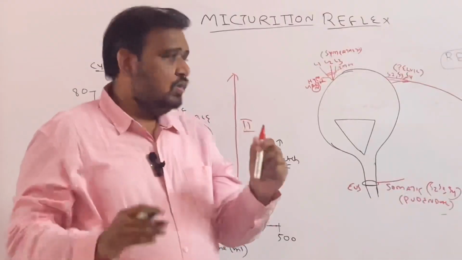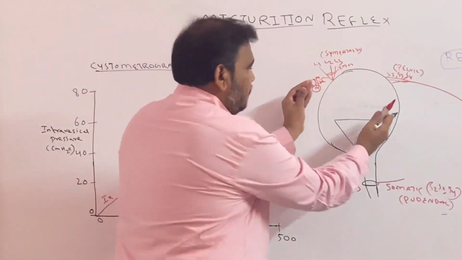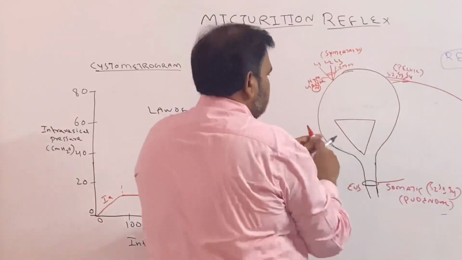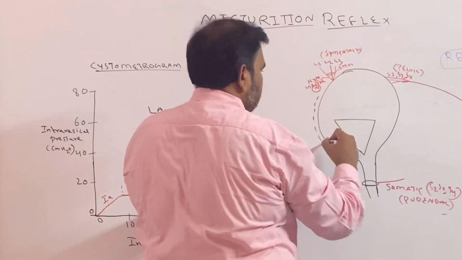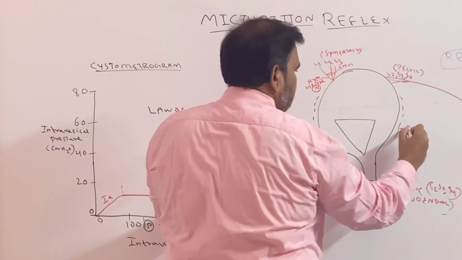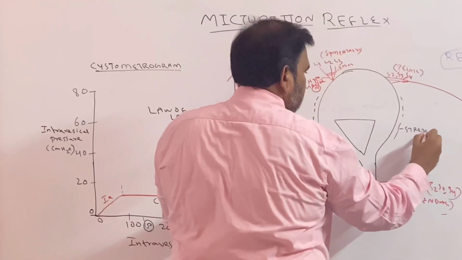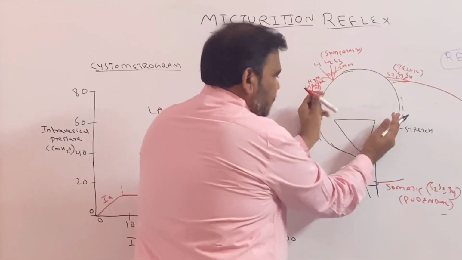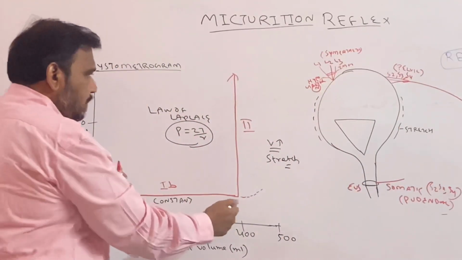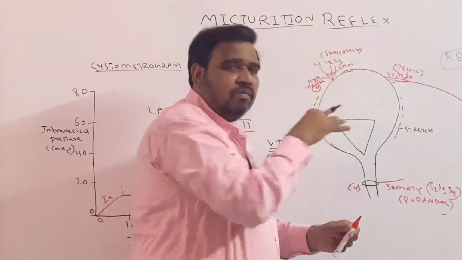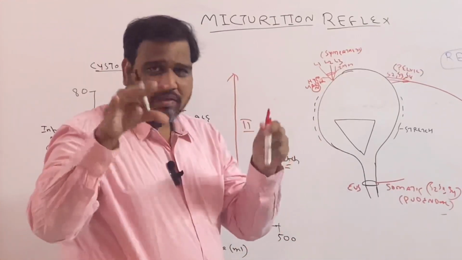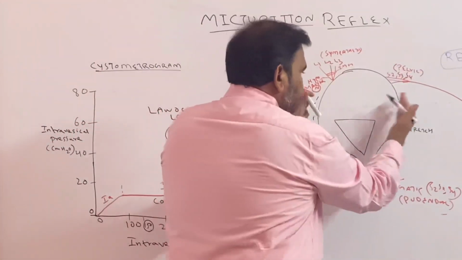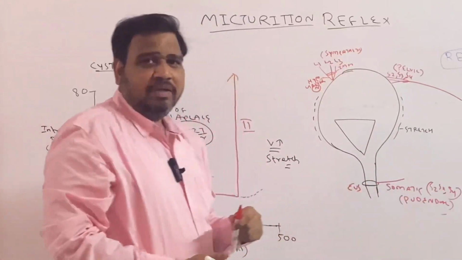Just for understanding, the bladder may come like this. So the bladder which was like this, because of 100 ml to 400 ml filling, what we expect is the pressure should increase. But the bladder size itself is enlarged because of the stretch.